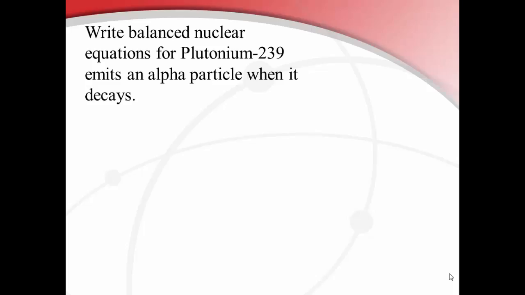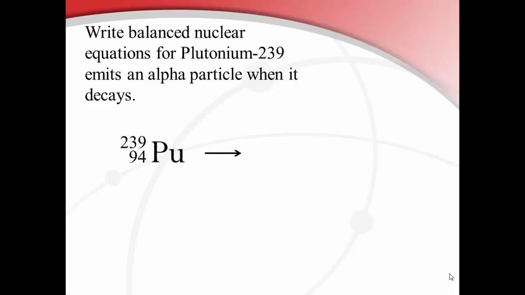Alpha decay occurs when there are too many protons in the nucleus. Write a balanced nuclear equation for plutonium-239 emitting an alpha particle when it decays. We begin with the symbol for plutonium, Pu, with a mass of 239 and an atomic number of 94.